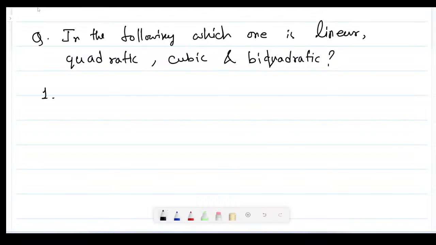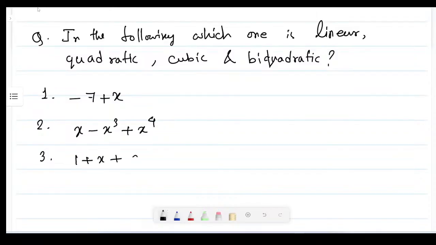So that means you have to check the degree of the expressions. Like if I take minus 7 plus x, next is x minus x cube plus x to the power 4. Next term is 1 plus x plus x square. Next is only minus p. Next is minus 30.